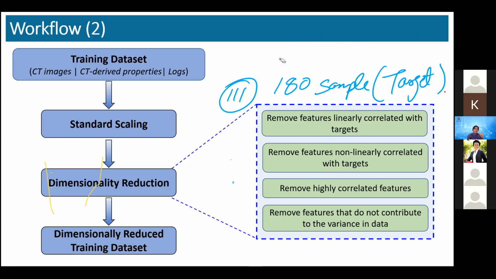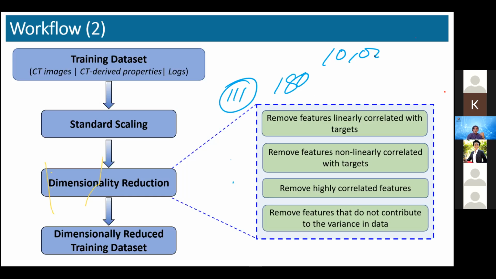As features, I had 44,000. But that doesn't matter. No matter how many samples you have as the features, as the inputs, that doesn't matter. What matters is the target, and we were constrained by the target, which is coming from the subsurface. For this demonstration, I have only 180 samples. In the real world, generally all these things are performed on 10,000 samples.